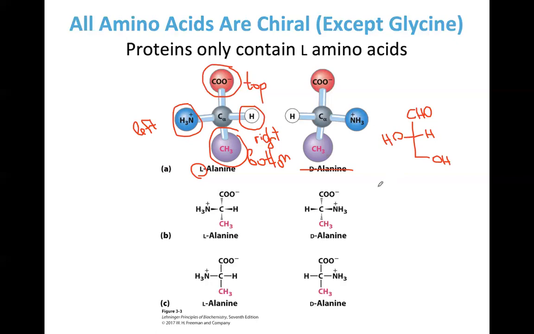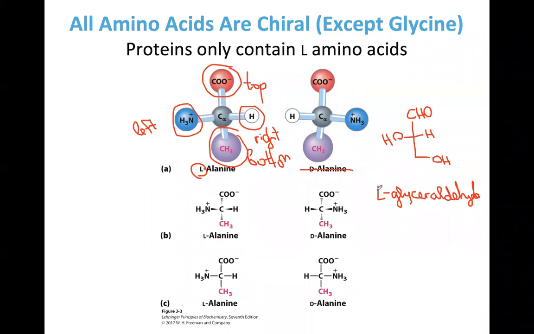So this is L-glyceraldehyde. You can see here the OH is on the left, H is on the right. And by analogy, L-alanine will have the amino group on the left and H on the right.